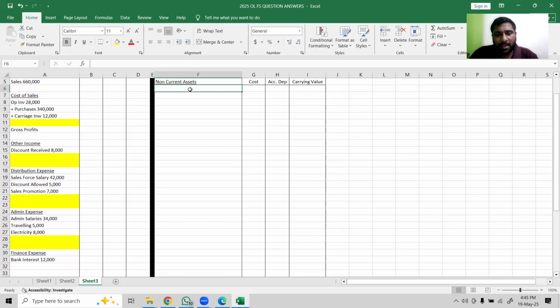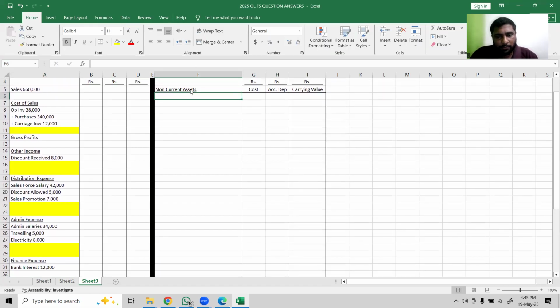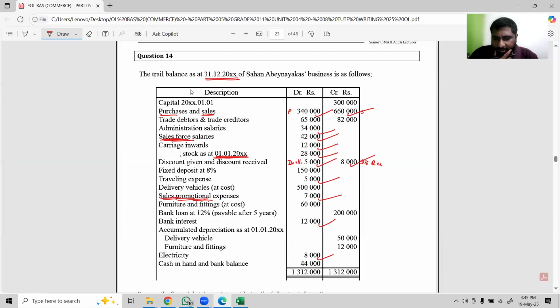Now we can move to the balance sheet. What are the non-current assets that we have?